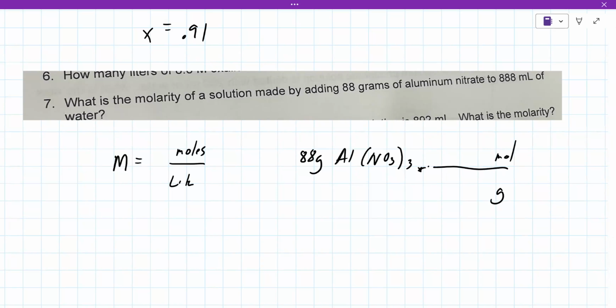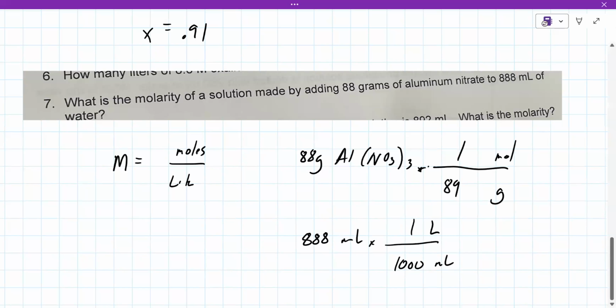Go to your favorite molar mass calculator. It's about 89 grams per 1 mole. This calculation gets you the number of moles. Then you've got to convert the 880 milliliters into liters. There are 1,000 milliliters in 1 liter.